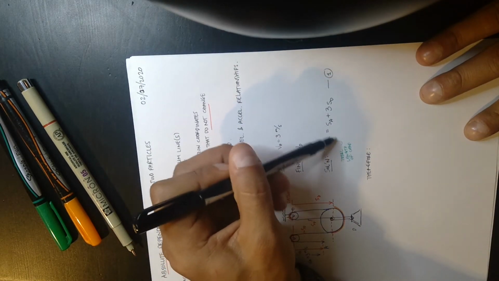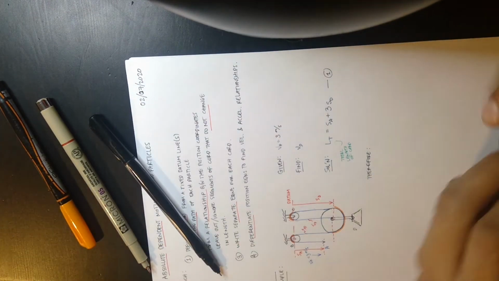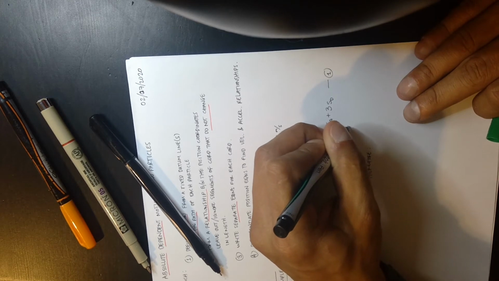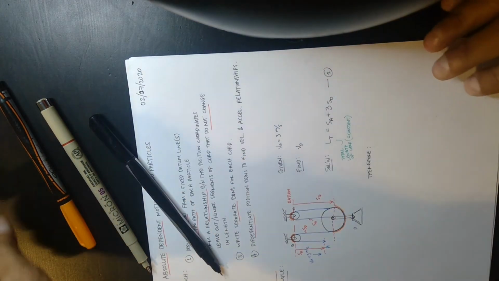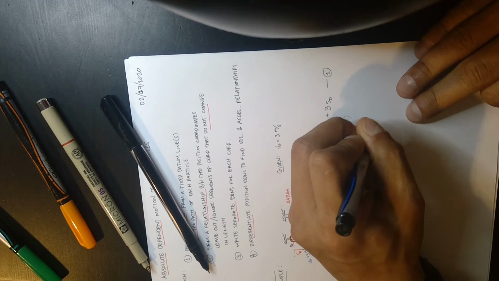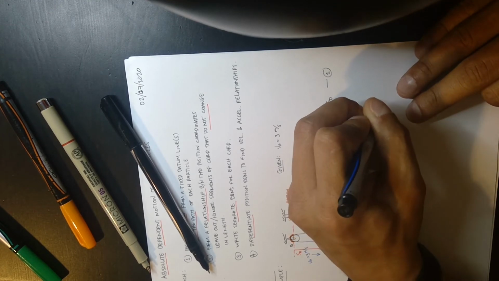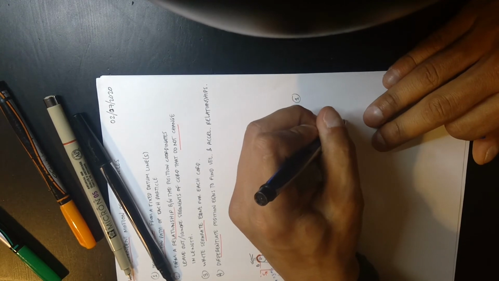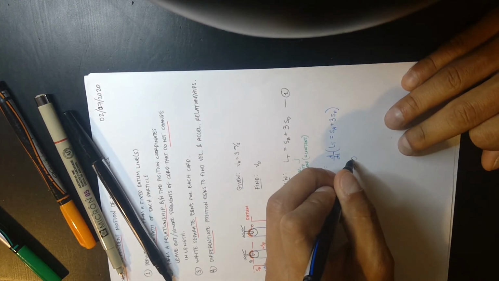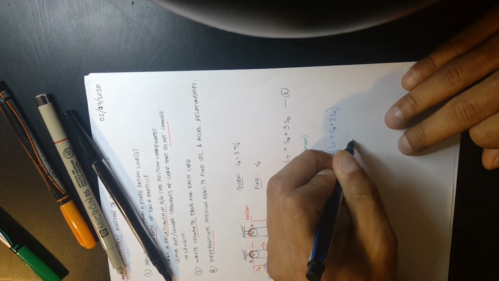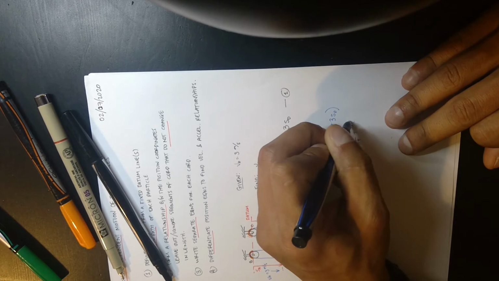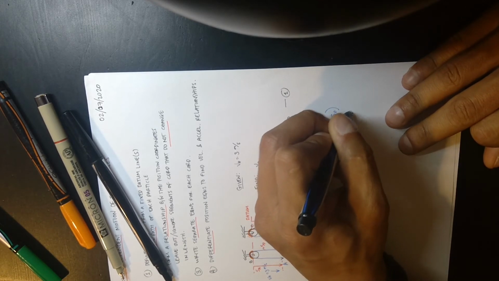So if this is some constant length for the total length of the chord, when I differentiate this entire equation with respect to time, I end up getting 0 equal to dSA/dt plus 3 dSD/dt.